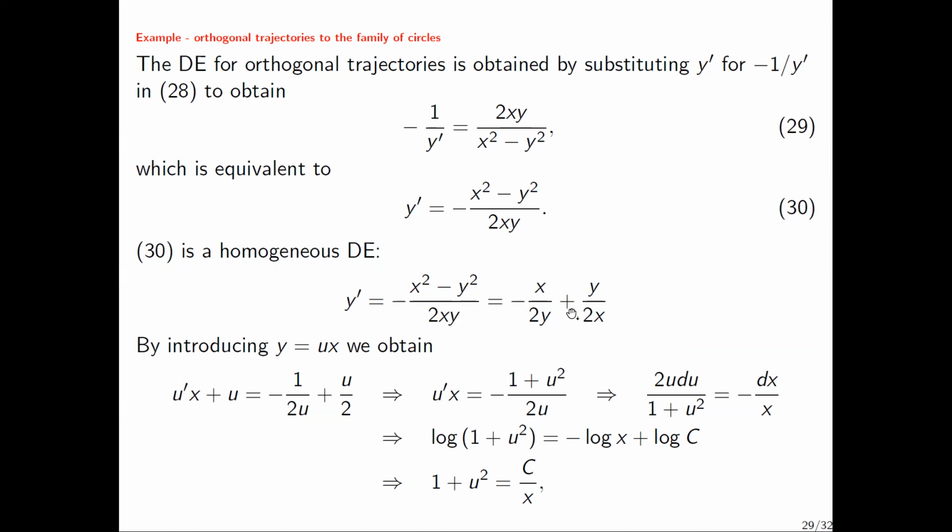And we see that this right-hand side is really a function of the quotient between y and x. So we do this substitution, u is y over x, and then rewrite our differential equation as a linear differential equation in u and x.